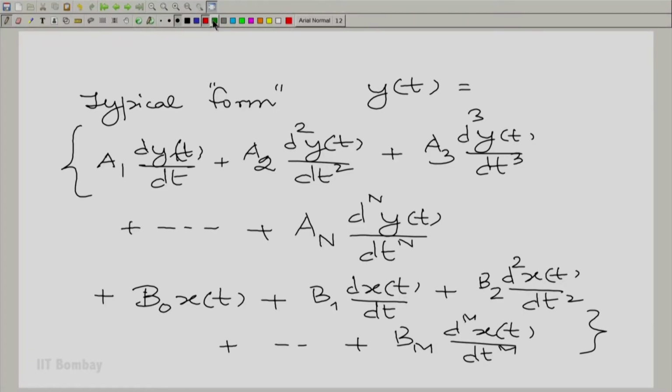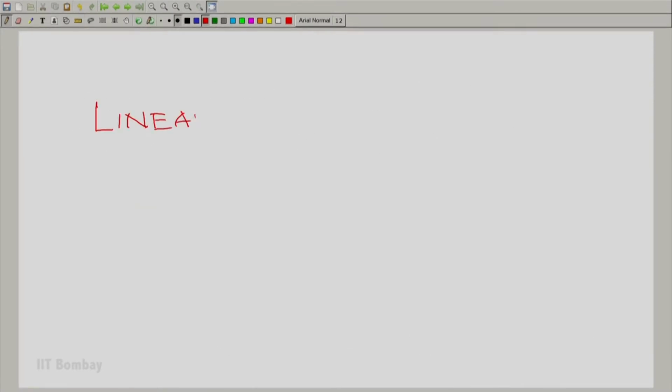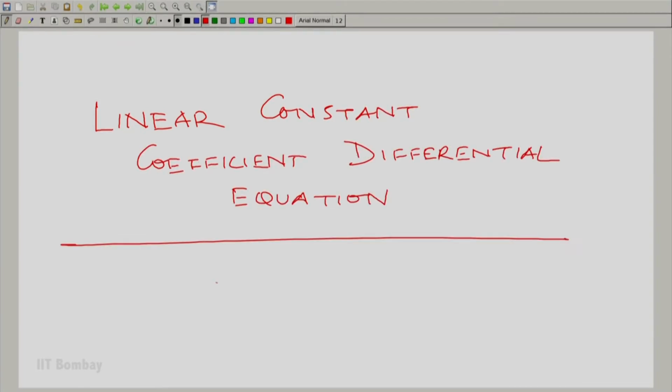So, the first thing we see is the coefficients are constant, all these, and further the equation is linear in all terms. So, this is what is typically called a linear constant coefficient differential equation, and this is a typical form, and we can abbreviate it by LCCDE. Here D stands for differential.